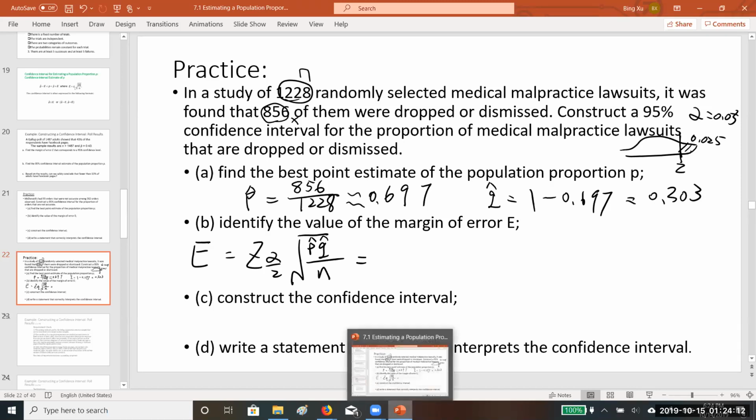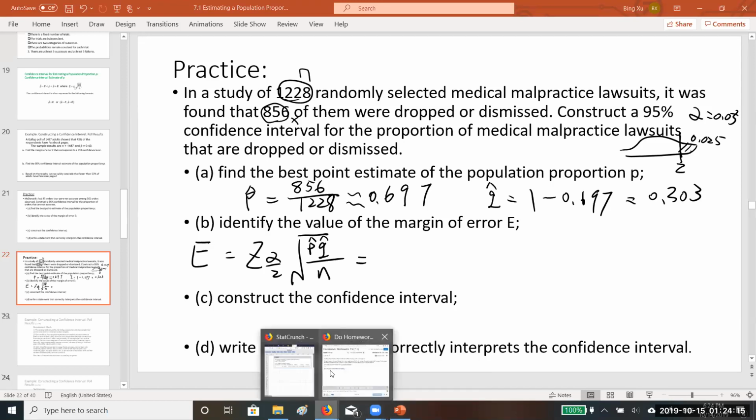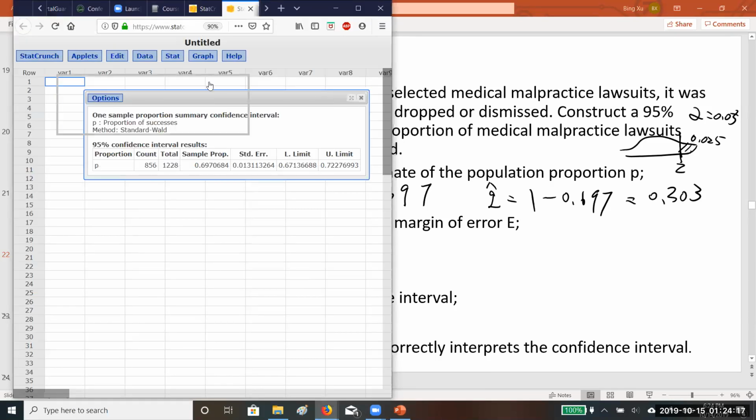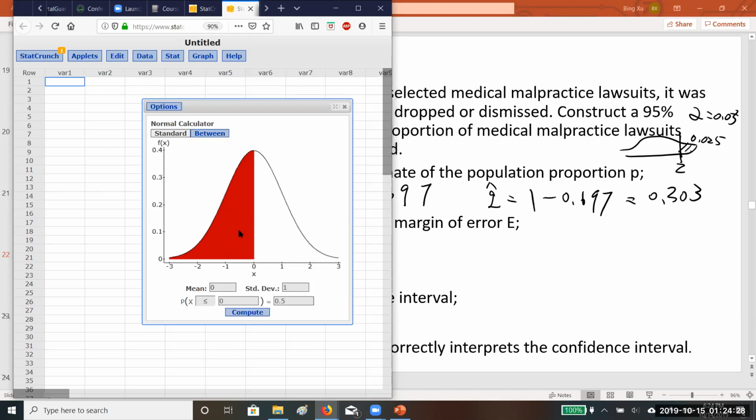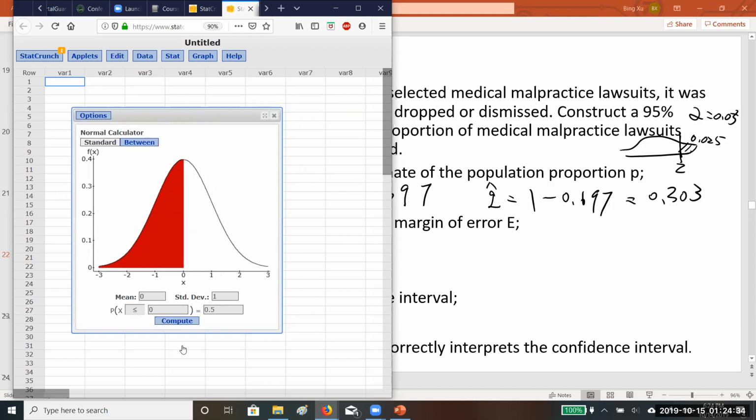So how do you find the Z-score here? You go to StatCrunch. You go to Stat, and I think it's Calculator and Normal. Okay, so with the mean 0, standard deviation 1, because we're just finding the Z-score here, and the area you want to be greater than or equal to, because it's to the right of that Z-score, and you want the area to be 0.025.